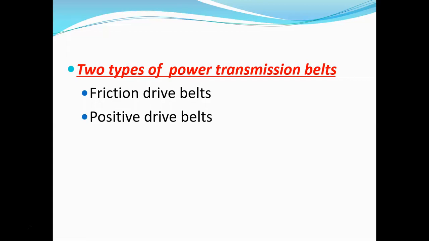It operates on friction along the sides of the belt into the sheave. And then the positive drive belts are actually belts that have teeth in the belt and in the pulley that the belt rides in. So there's less tension there than with friction drive belts.